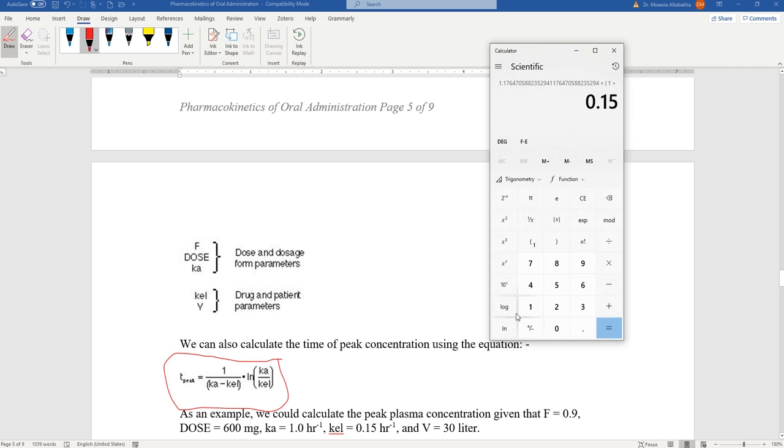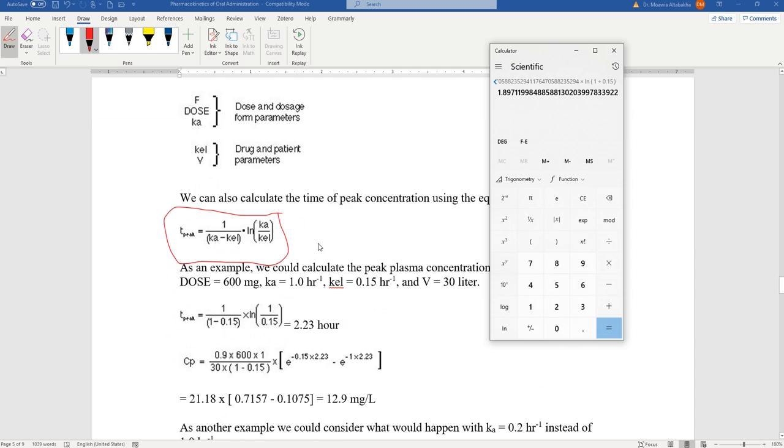I open a bracket with Ka divided by KL. So I divided 1 by 1 minus 0.15, multiplied by ln of 1 divided by 0.15, and the answer is 2.23 hours. Okay.